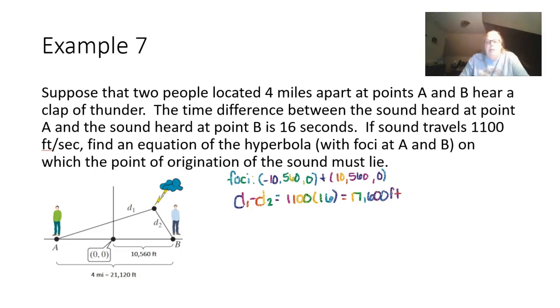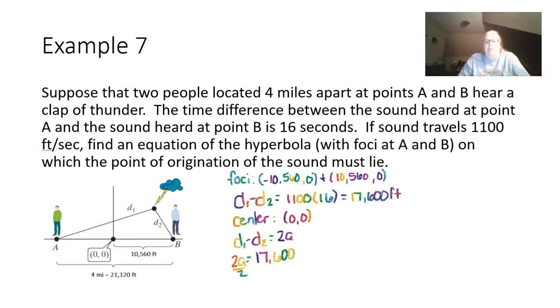Okay, we are also given the fact that the center of this hyperbola is going to be at 0, 0. Now, one other thing we know about the distance d1 minus d2, it's equal to 2 times a, so it's equal to the length of that transverse axis. So we can figure out what a is by solving the equation 2a is equal to 17,600.